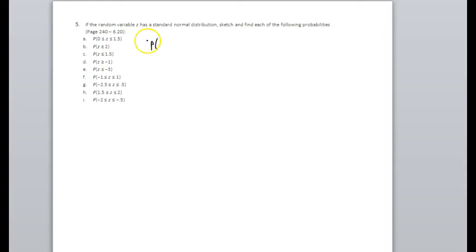So what I'm going to do first is draw a graph of what this is saying. Okay, so this is my best normal curve, sadly. Because we're working with z, that means we're on the standard normal curve. So we know that mu is right here, and that's equal to 0. Then we have 1, 2, 3, -1, -2, -3.